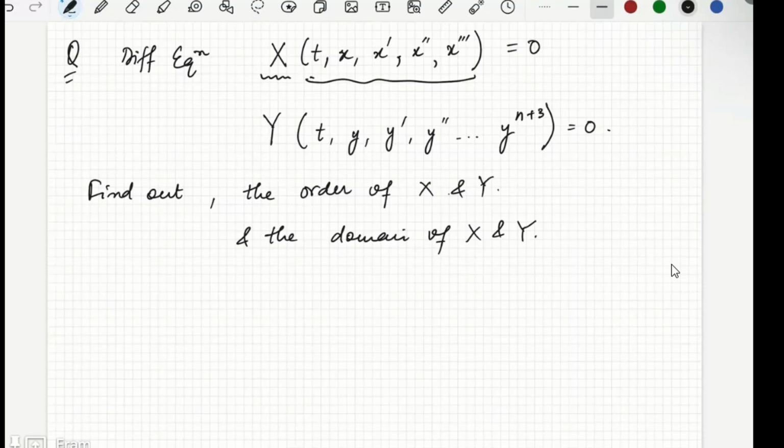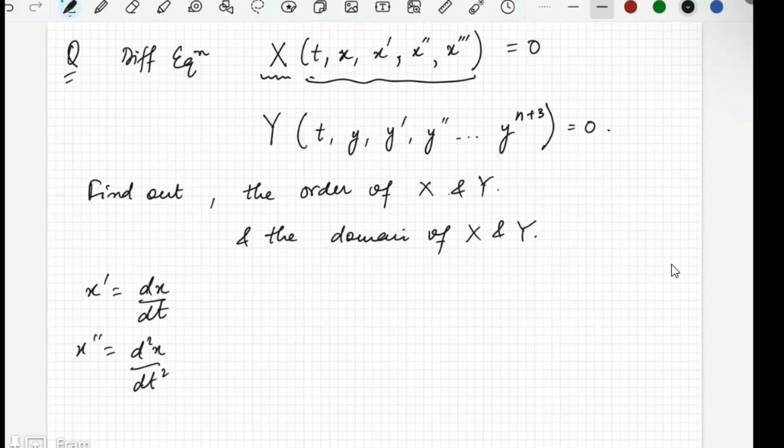So what is the order of the first differential equation? Where these dashes represent the derivative. So x dash represents dx by dt, x double dash represents d2x by dt square, and so on. And similarly for y dash, y double dash.